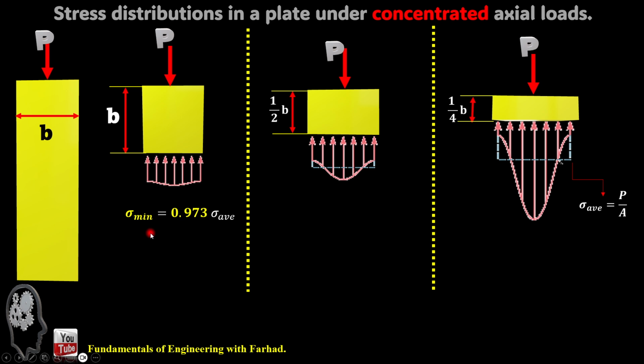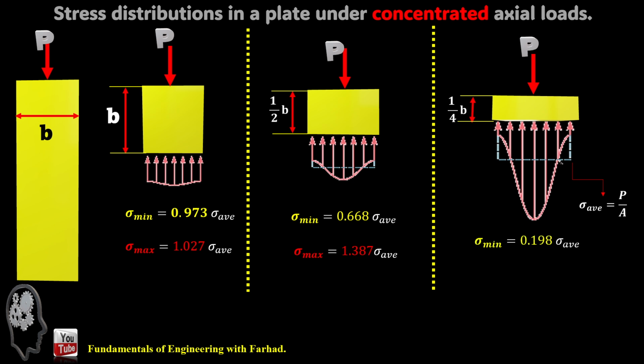So in the first case, when the depth is equal to the width of the plate, sigma minimum is 0.97 and sigma maximum is 1.02. You can see how close they are to each other at a depth of B. If you move a bit closer, to half of B, sigma minimum is 0.66 and sigma maximum is 1.38.